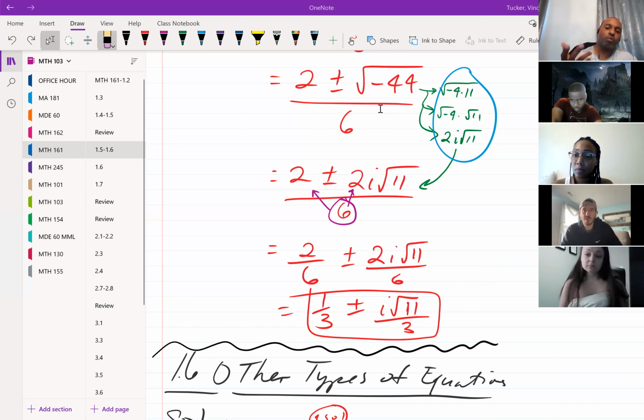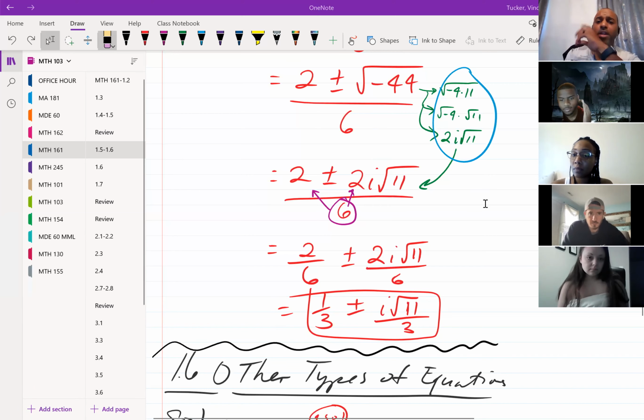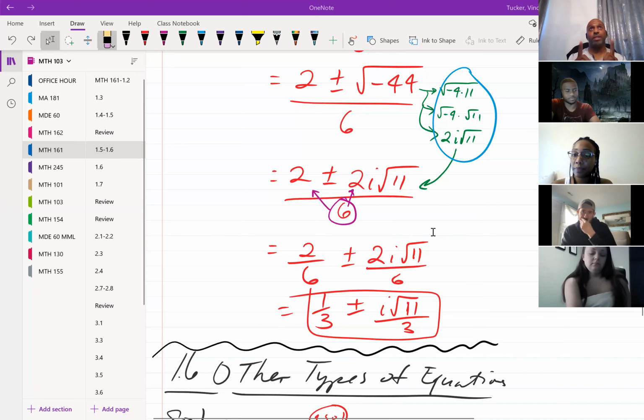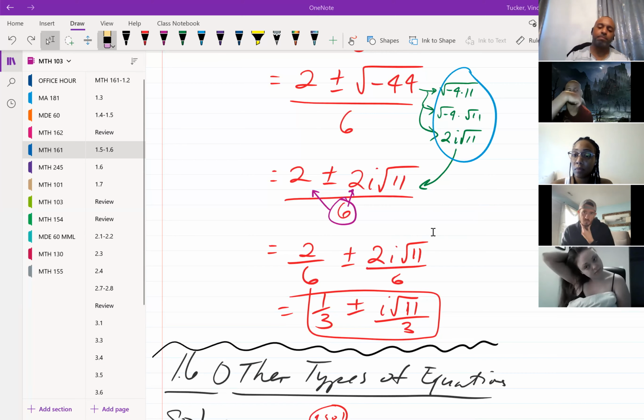Now I try to get at least one more proctored in there, and then the other one probably be unproctored. So just trying to gauge how well class is receiving certain topics, and then we'll talk about it. Whatever we do, you will have enough time in advance to prepare. But I know I want to at least get one proctored test before the final exam.